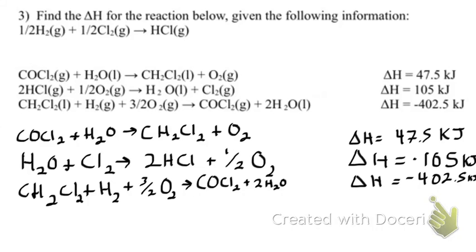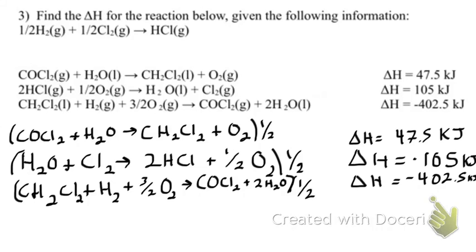If we multiply every equation by 1/2, we'll get the correct answer. Alright, so this guy by 1/2, this guy by 1/2, this guy by 1/2. So multiply them all by 1/2.